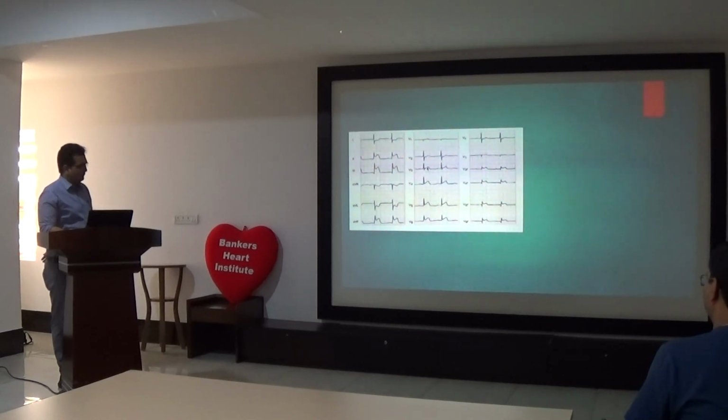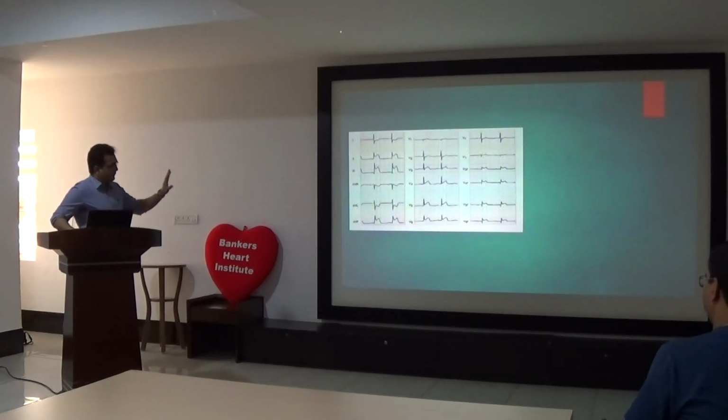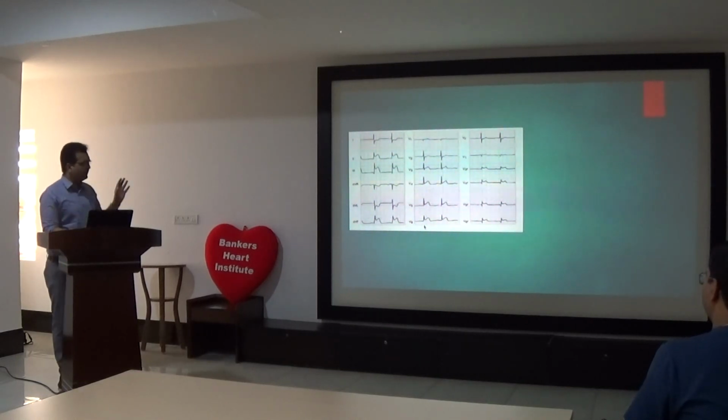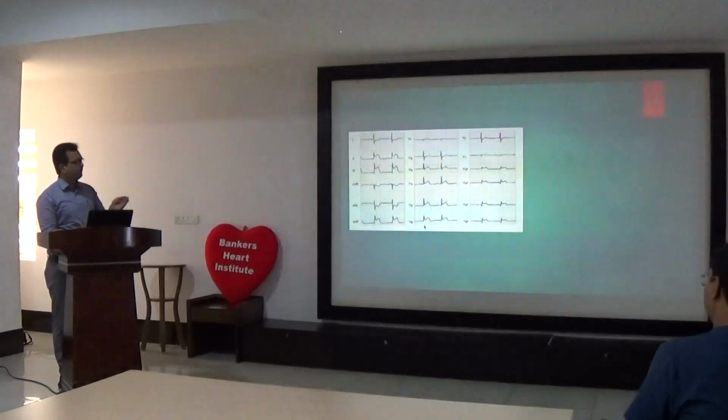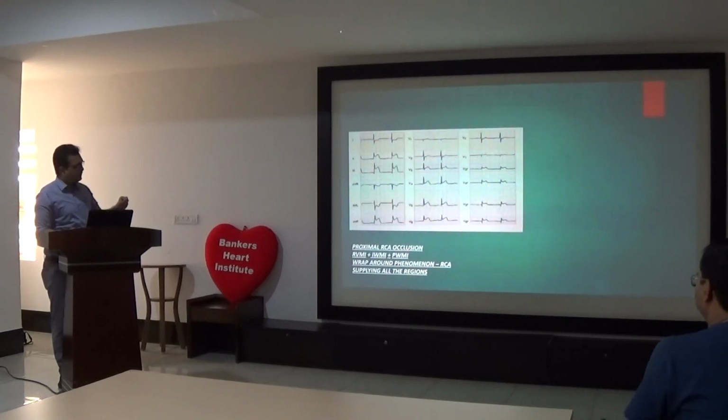Mostly, this patient does not have it. There is also elevation in leads V5 and V6, as the right coronary artery is supplying part of the lateral wall also, which is giving rise to this ST elevation in leads V5 and V6. So this is known as a wraparound RC.